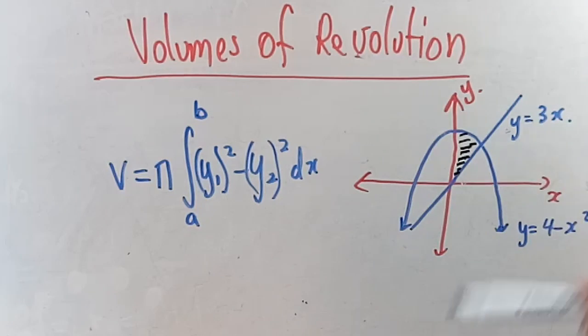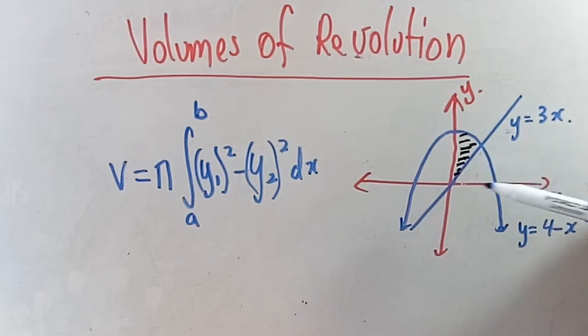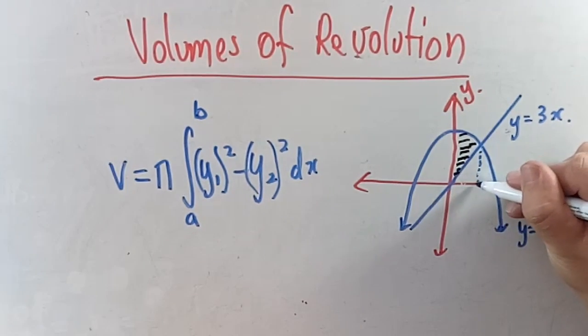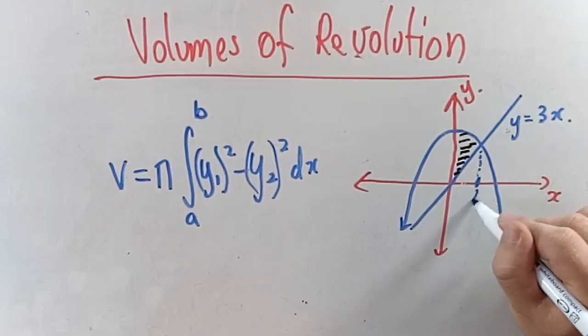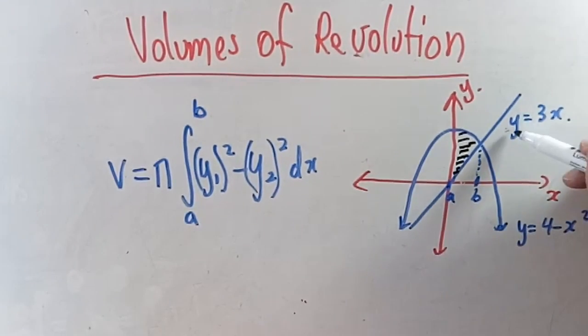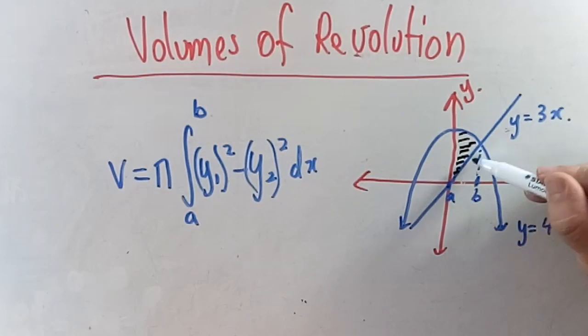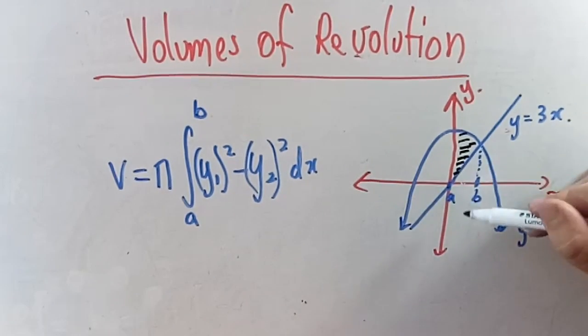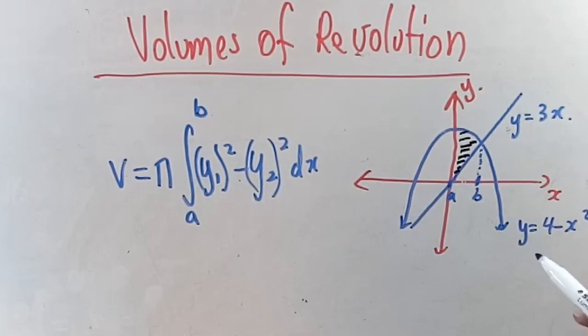We're going to rotate that around between 0 and whatever this value is. Call this b and this a. And then we're going to minus off this area that's been rotated around here. So this minus this function, 3x, rotate that around.